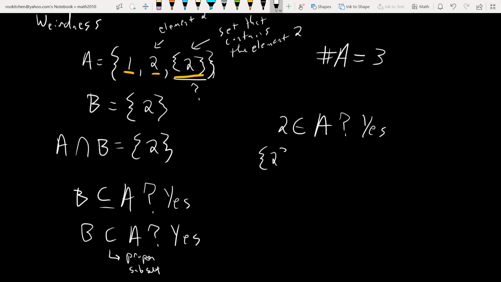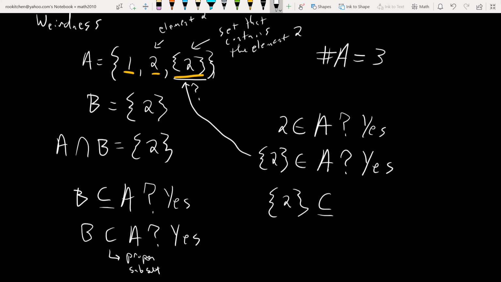Is the set containing 2 an element of A? Yeah, that thing is inside of A. It's sitting right there. Okay. Is 2 a subset of A? Yeah, B is a subset of A.